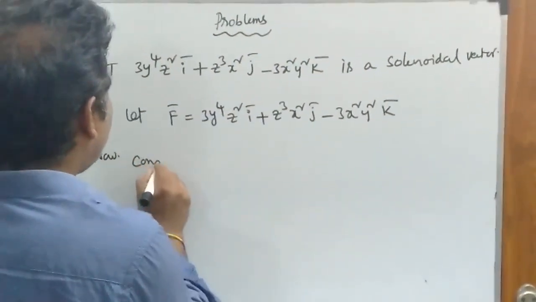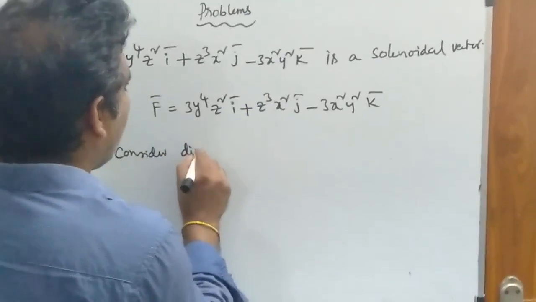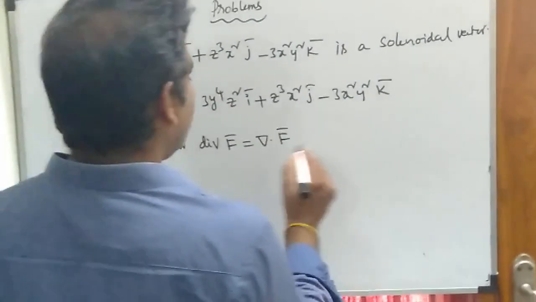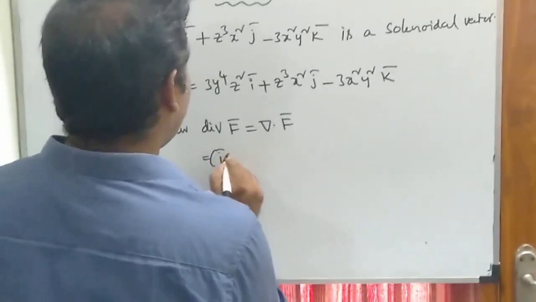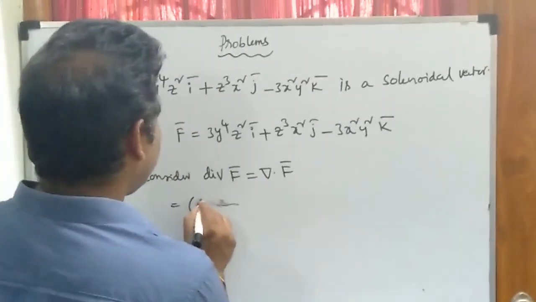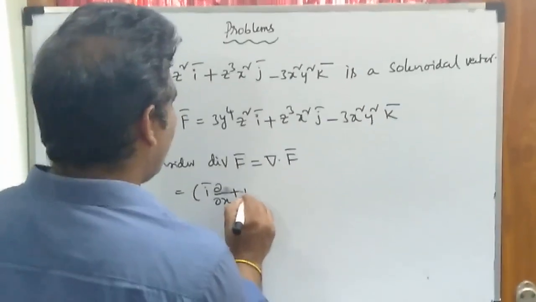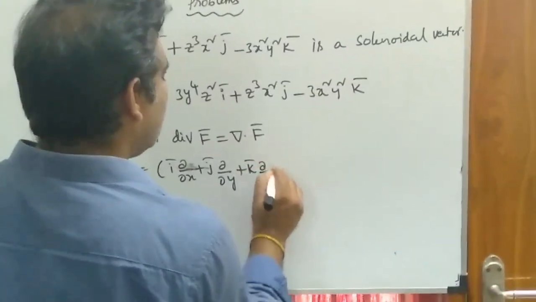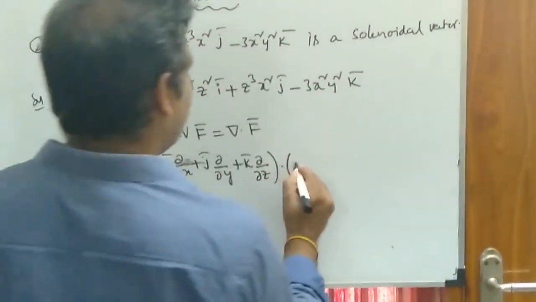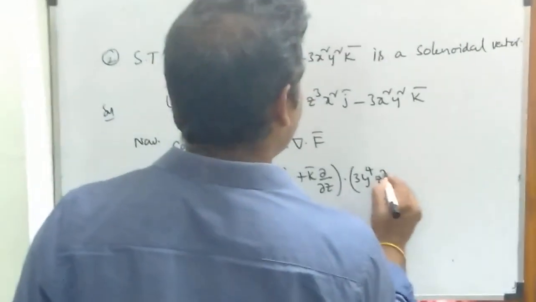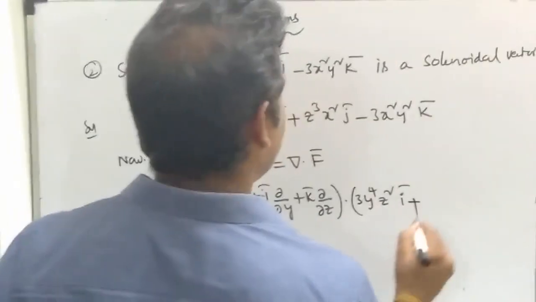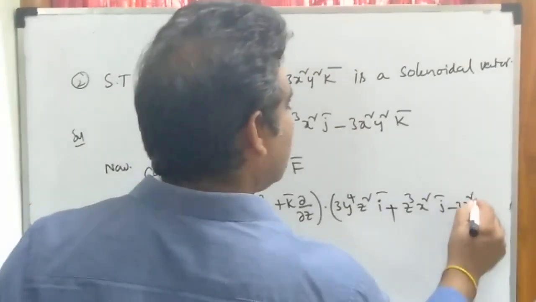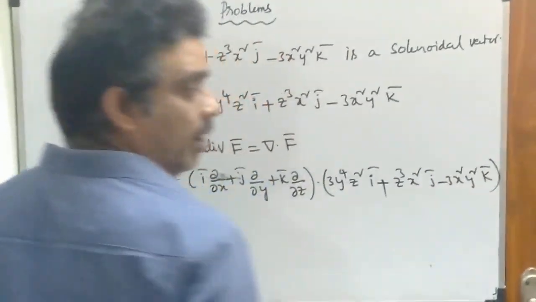Now consider div f bar, that is del dot f bar, that is i bar dou by dou x plus j bar dou by dou y plus k bar dou by dou z, the dot product with the vector 3y power 4 z square i bar plus z cube x square j bar minus 3x square y square k bar.